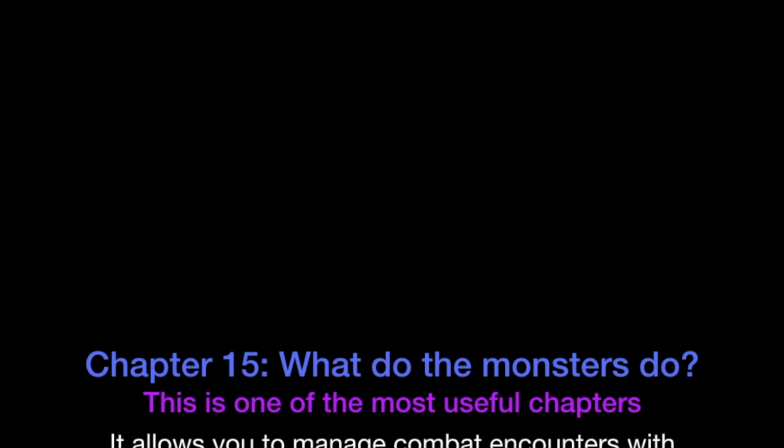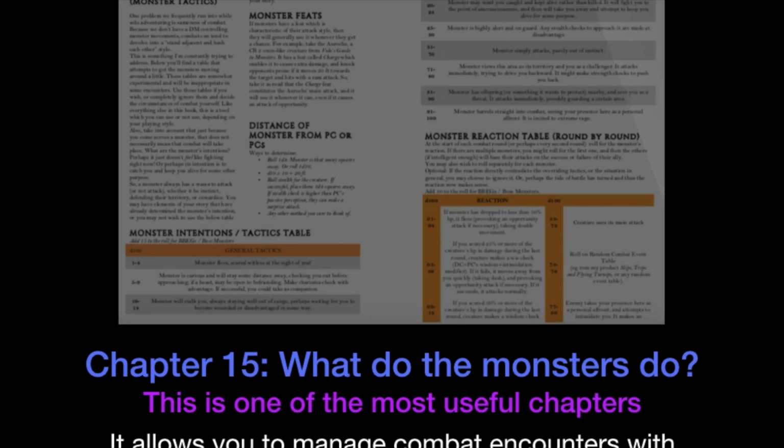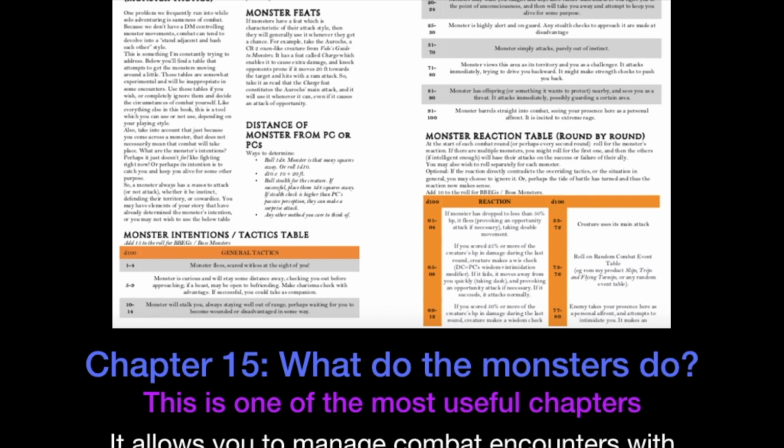and Chapter 15, I think, is one of the most useful chapters because what it does is allows you to manage the combat encounters and get a various monster response round by round. You can see in the lower right here the monster reaction table round by round. You can roll on it, and at the beginning of the encounter in the lower left there you can even see the monster intentions and the tactics table.